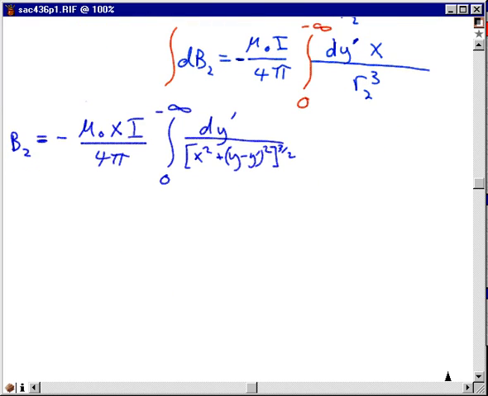And there we go. If I compare it with the integral in the table of integrals, let's see what that one looks like.